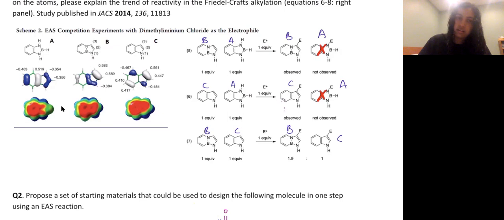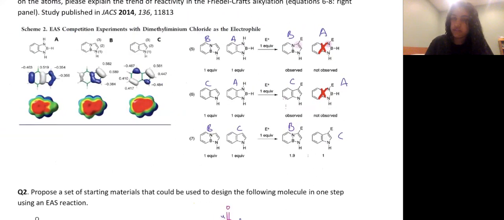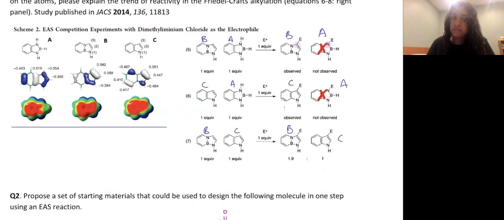So then I looked at what atom you're wanting to add the electrophile onto. In the reaction, you have this electrophile and it's going on this position of the ring. And for A, it's going on that nitrogen. So I'm like, okay, why wouldn't it go on that specific nitrogen of molecule A?